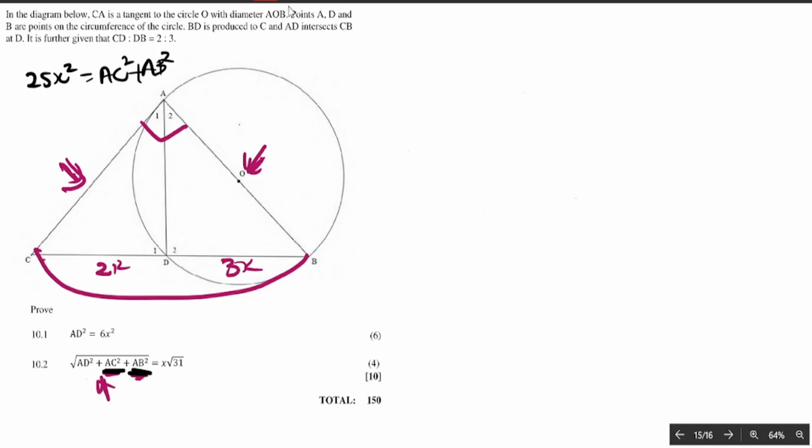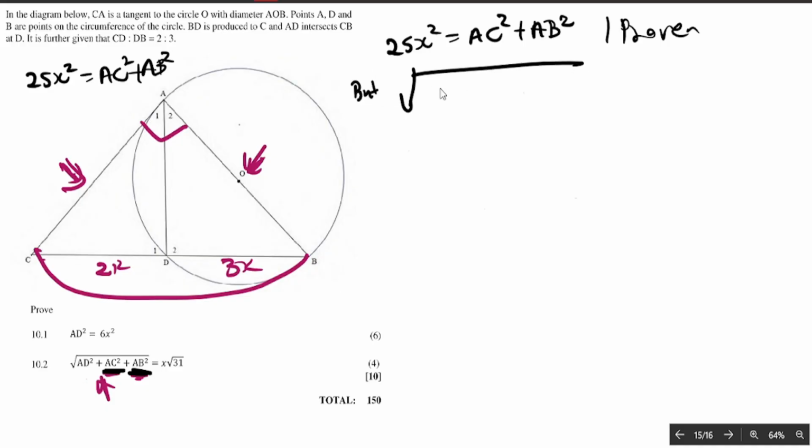What's going to happen is you have 25x squared is equal to AC squared plus AB squared, right? And this we have proven. But the square root is what? It's AD squared plus AC squared plus AB squared is equal to x root 31, right?